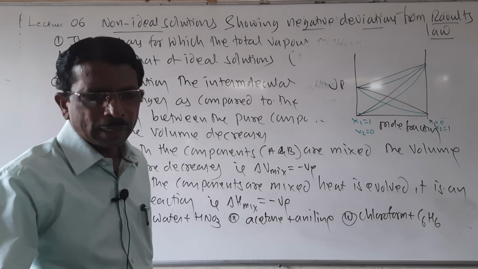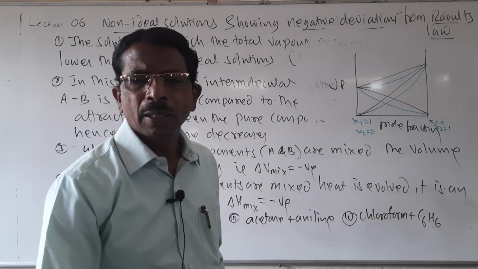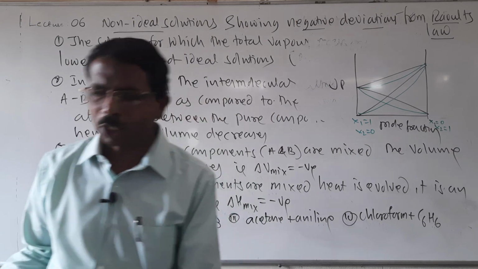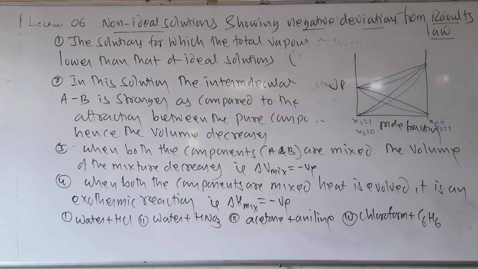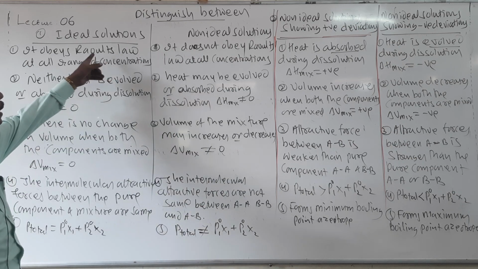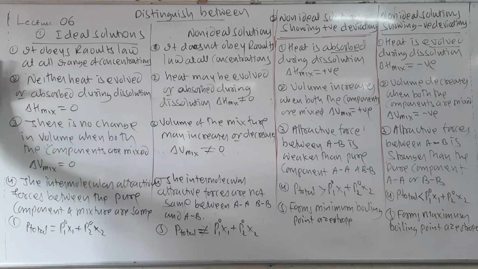So, here let us see the difference between these two. What is the difference between these two? I will explain one by one. Look here, students. Here, distinguish between ideal and non-ideal solution. First, 3 marks question.